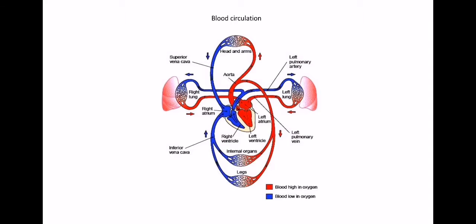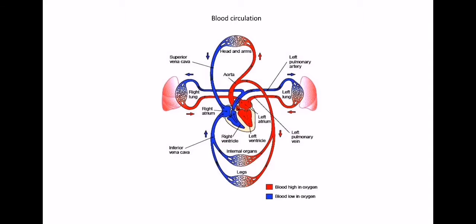The carbon dioxide is a waste, and we need to get rid of it out of the body, right? So the blood that carries carbon dioxide gas will enter the heart from the right atrium, through the superior and the inferior vena cava.